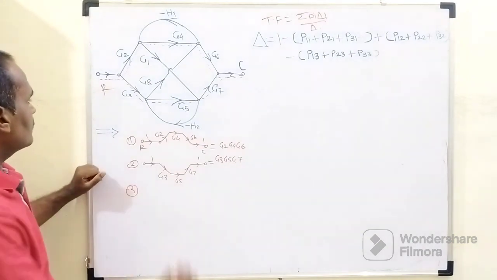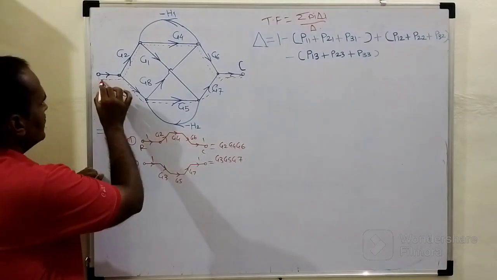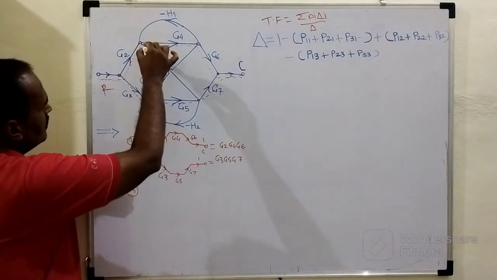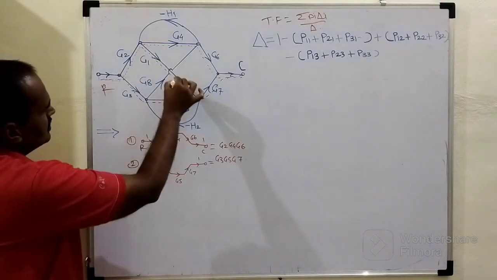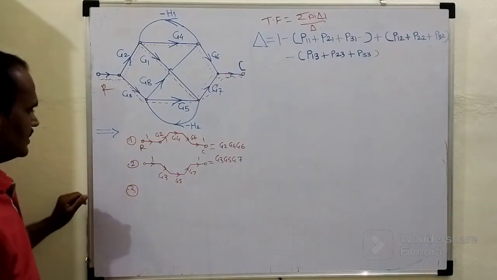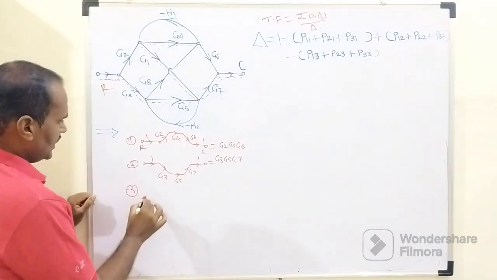So the third path will be what? When we start our journey from this R, we go through this G2. Then after that we go through this G1, from this G1 to G7, and we can end our journey at this C. So how will that path look? Here I will draw.